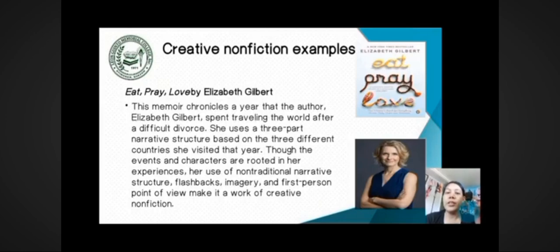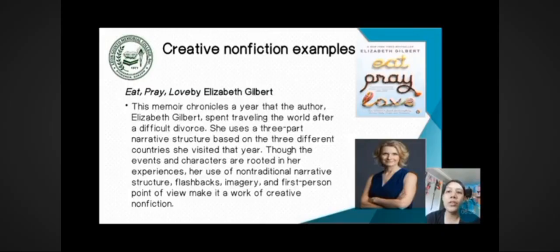creative nonfiction stories. Some examples of creative nonfiction: Eat, Pray, Love by Elizabeth Gilbert. This memoir chronicles a year that the author spent traveling the world after a difficult divorce. She uses a three-part narrative structure based on the 3 different countries she visited that year.